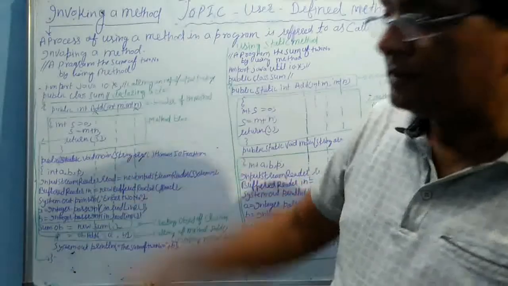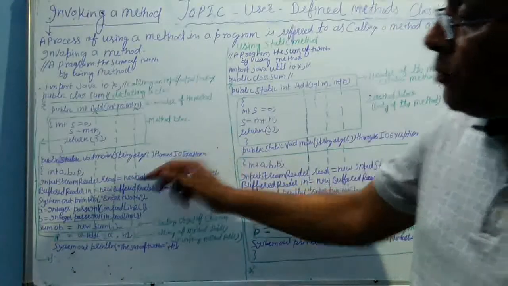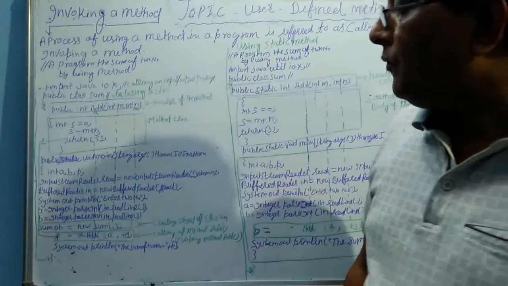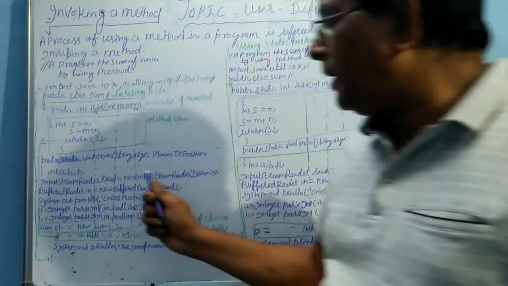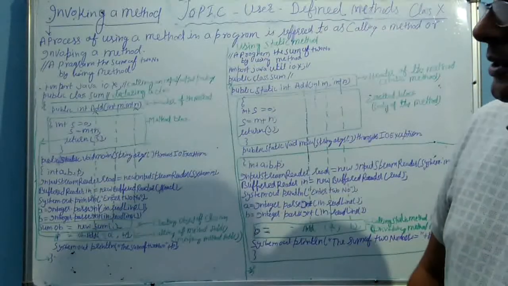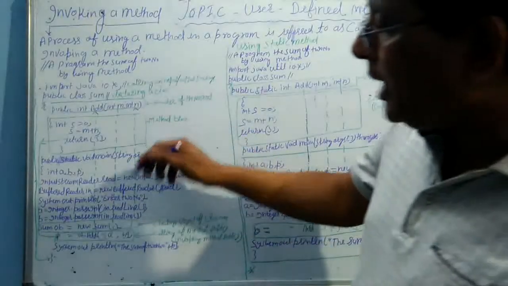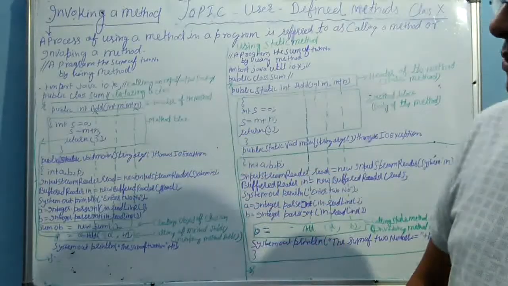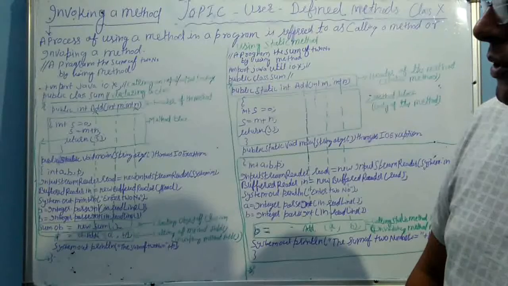Now how will it work? When you run this program, first of all it will ask the value of a and then b. So then you will give integer type data values.